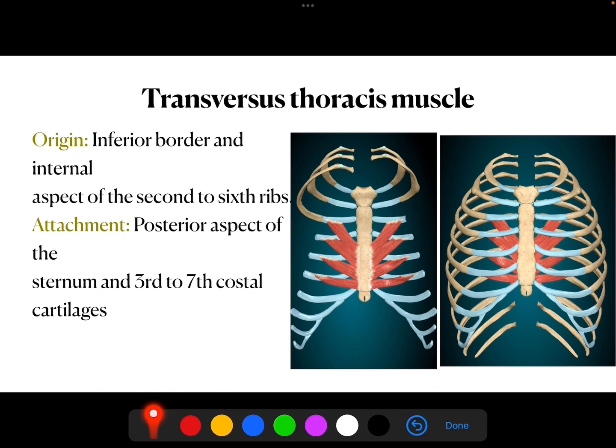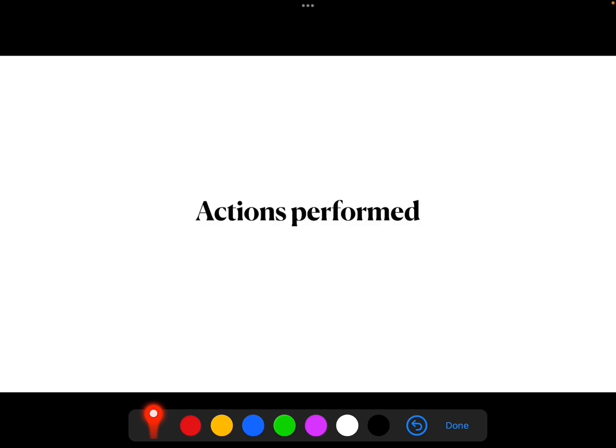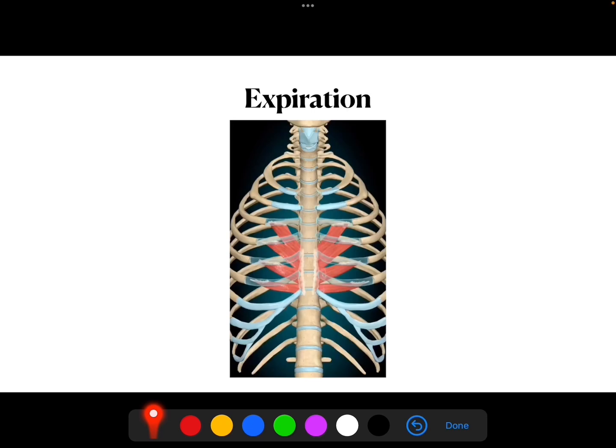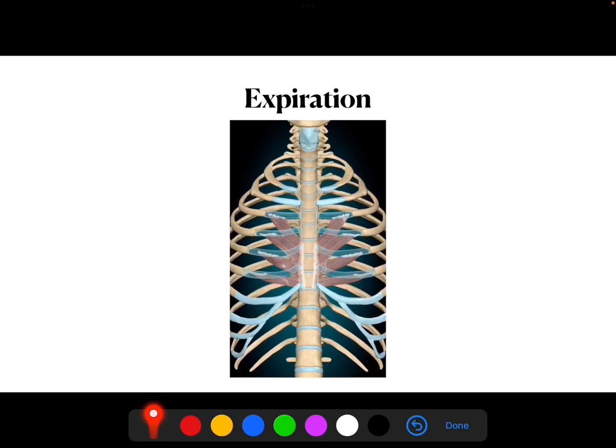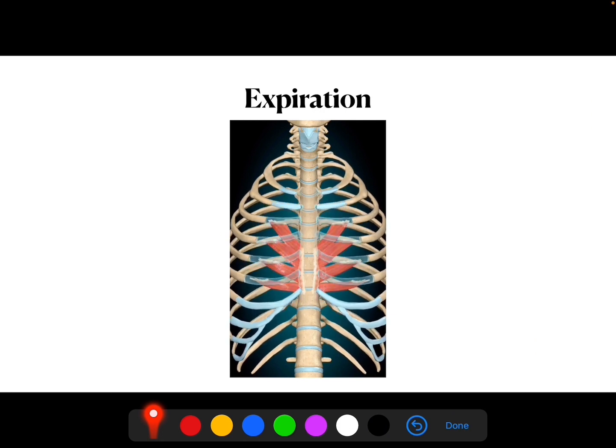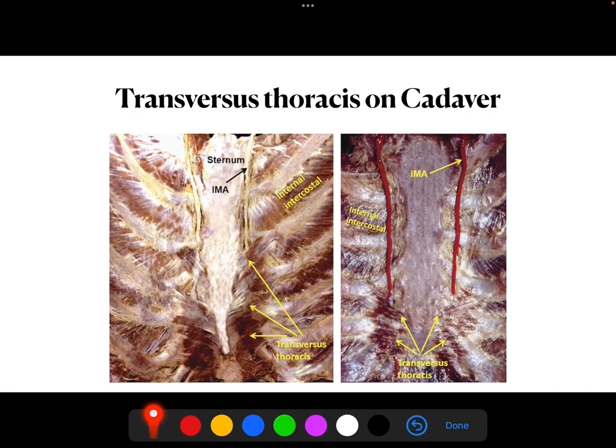It originates at the inferior border and internal aspect of the second to sixth rib and attaches at the posterior aspect of the sternum and third to seventh costal cartilages. Actions performed by this muscle are expiration. This is what it looks like on the cadaver.